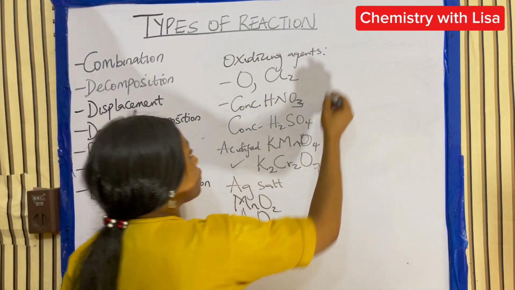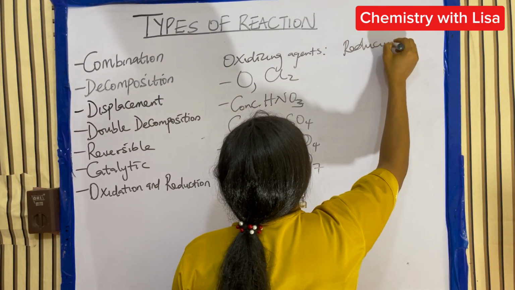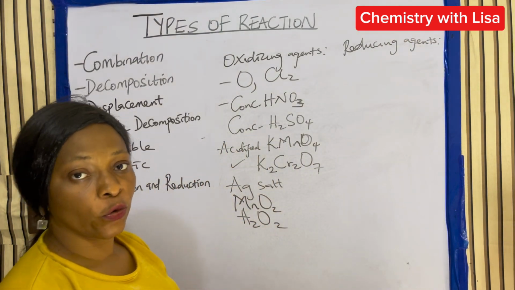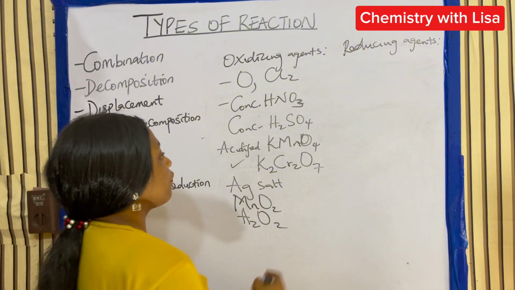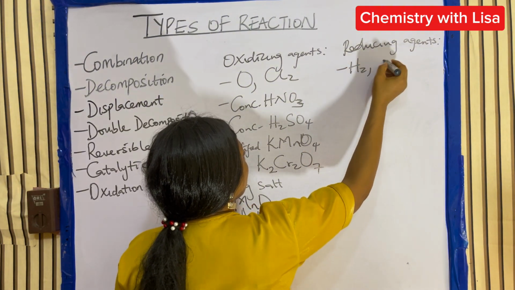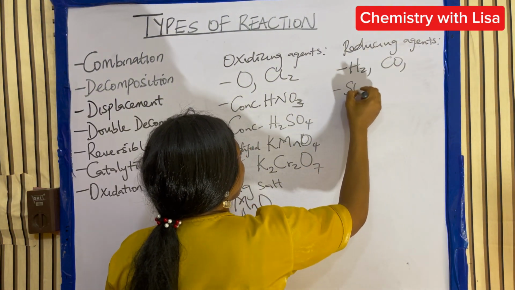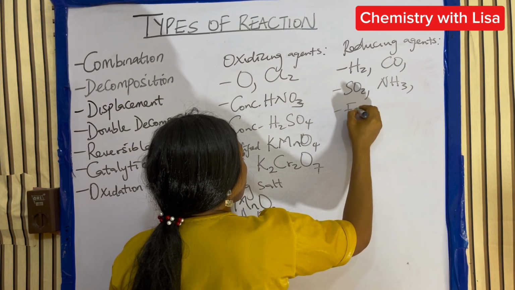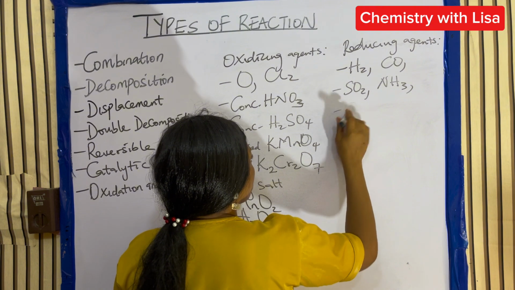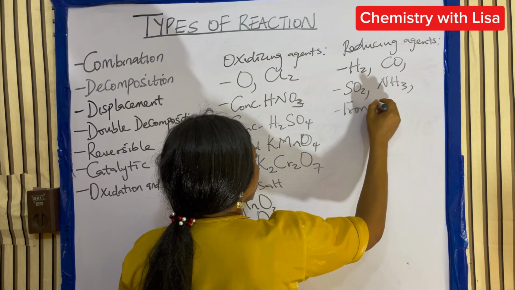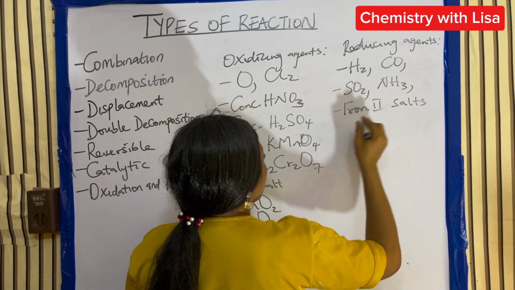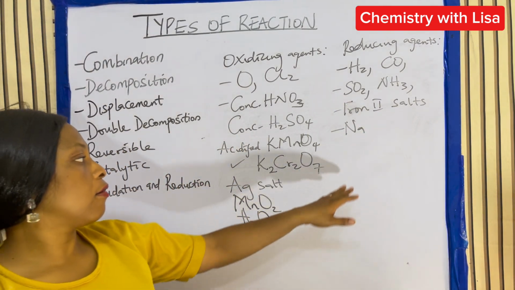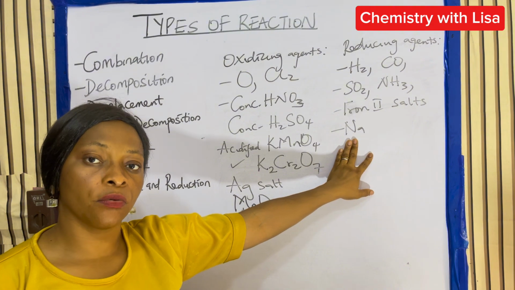Then let's look at reducing agents. Remember, they are electron donors. So reducing agents, we have hydrogen, carbon 2 oxide, sulfur 4 oxide, ammonia, iron salts, iron 2 salts, sodium or any metal higher than sodium in the electrochemical series.